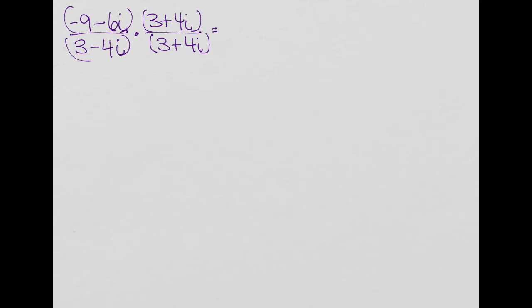So for this numerator, a negative 9 times 3 is a negative 27. Negative 9 times 4i is a negative 36i. Negative 6 times 3 is a negative 18i. And then a negative 6 times 4i is a negative 24i squared.